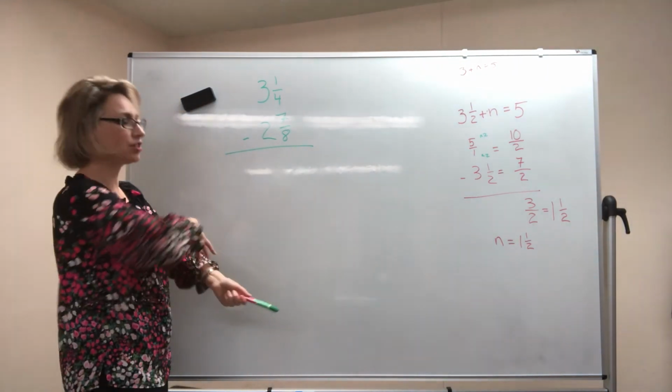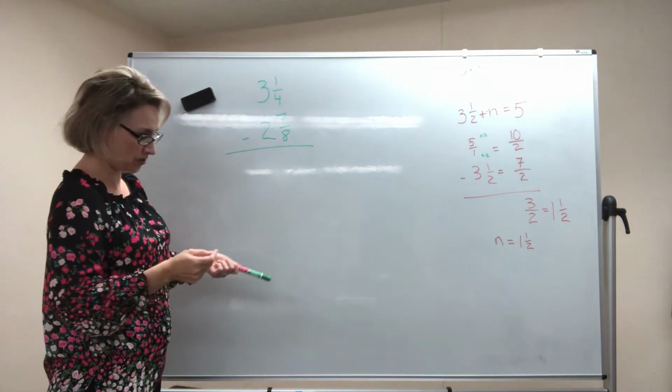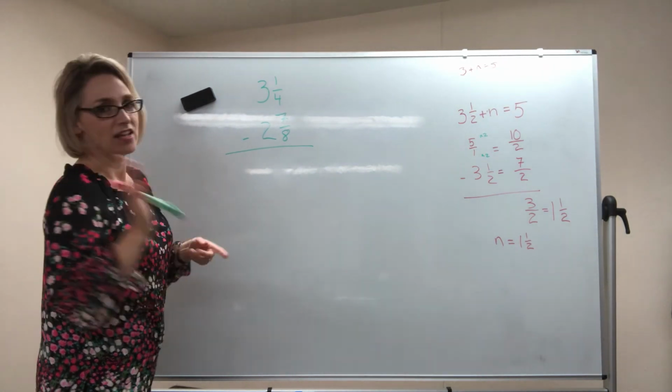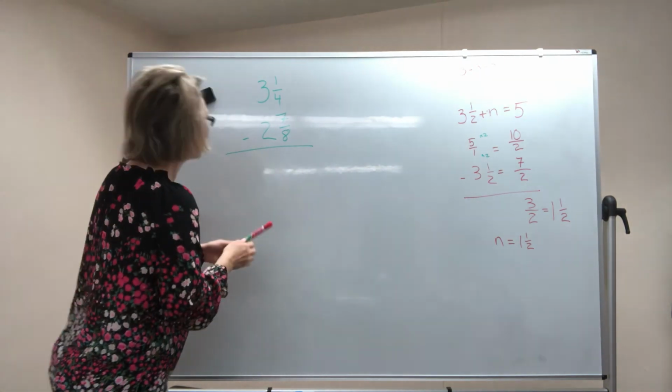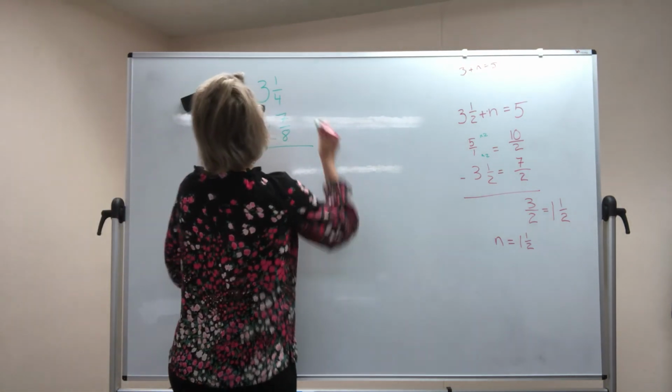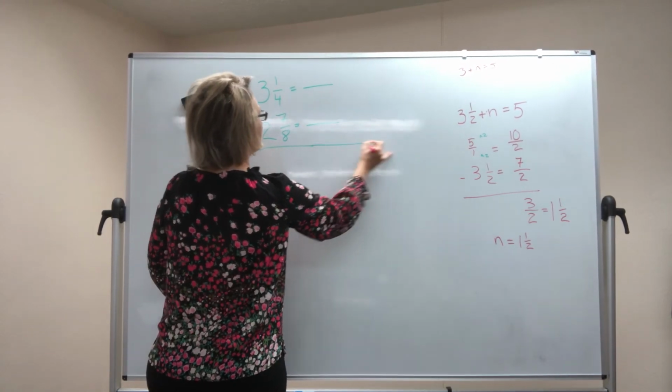That's why we have to go through the whole process of changing it into an improper fraction first, and then solving for it. If you didn't catch that, don't worry, just do what I say. You'll figure it out eventually, okay? Here we go. We're going to make our nice little fraction bar.